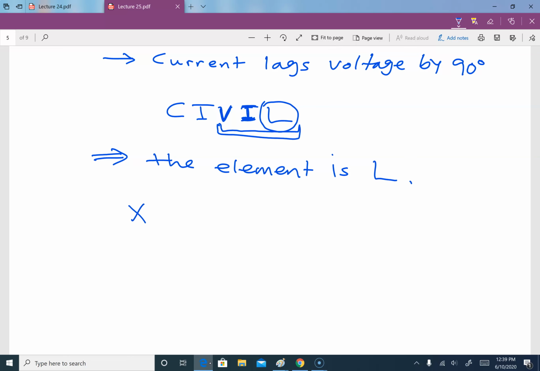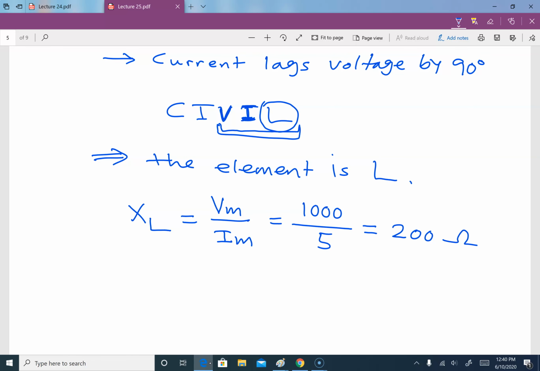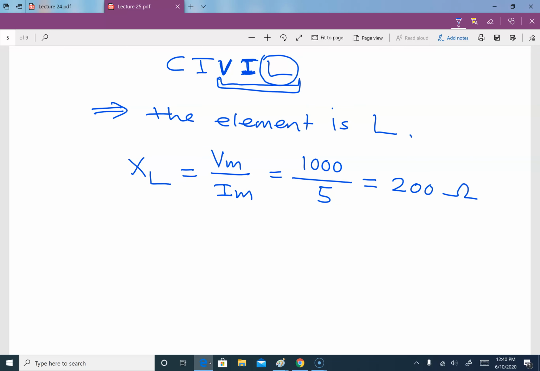Now, how can we find the value of that inductance? First, we need to find the reactance. X sub L is equal to Vm over Im. Vm is given in our voltage expression, which is 1000, and Im is given as 5. So this is equal to 200 ohm. This is the inductive reactance. Now, as you know, our X sub L is equal to omega L, right?